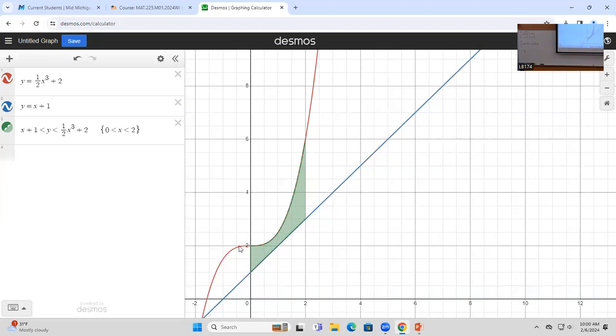And that green area, though, cubic is on top. The line is on bottom, but the area of that is just a whole number, which is 2. So that's pretty interesting. Very, very interesting that that weird shaped area comes out as a whole number.